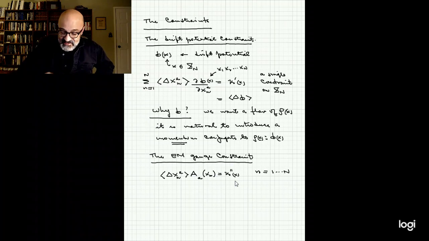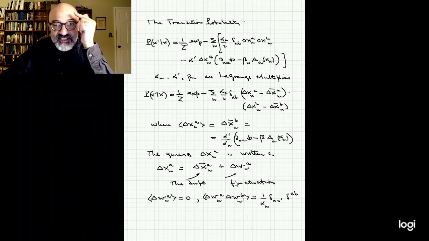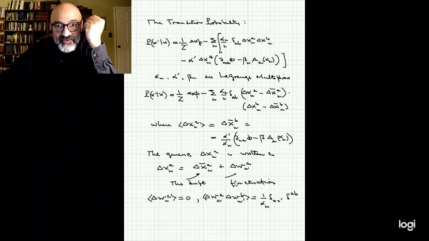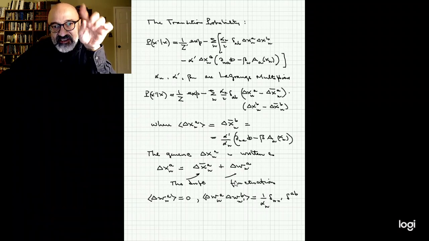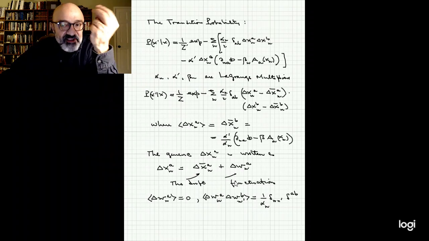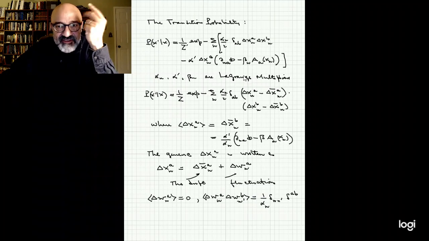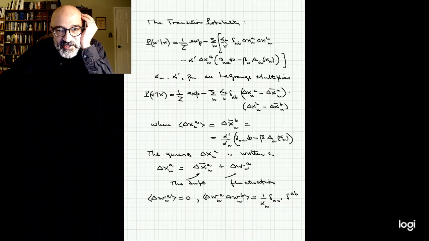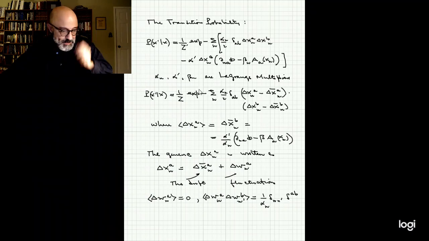But the fact is that just as in statistical mechanics, you don't have to specify what the expected value of the energy is. It's much, much easier to specify what the Lagrange multiplier, the temperature, beta, is, right? So in the same way, we do not need to specify the actual constraints. We specify the Lagrange multipliers, the alpha n, the alpha prime, and the beta n.